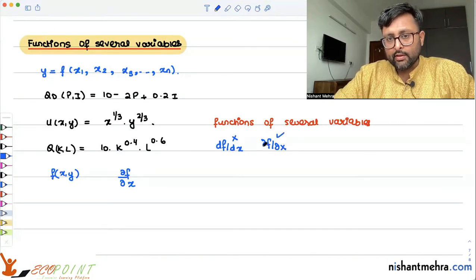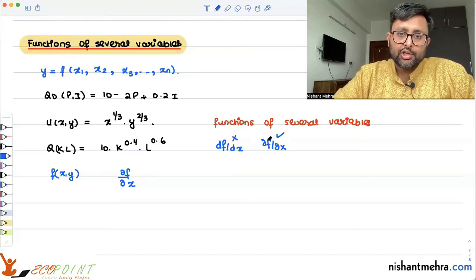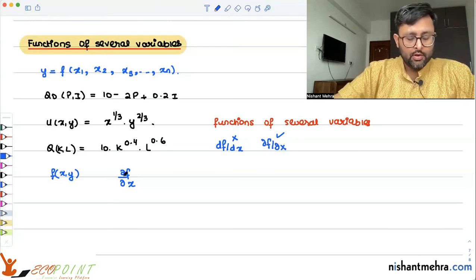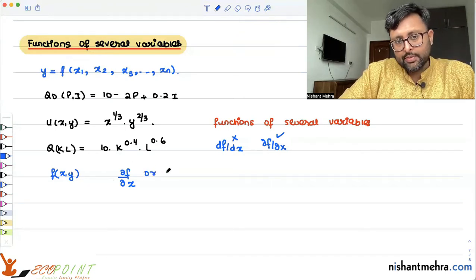The moment I use del instead of d, it means that I am only measuring the change in f due to the change in x, keeping all of the other variables constant, right? Another way it is represented is f subscript x.